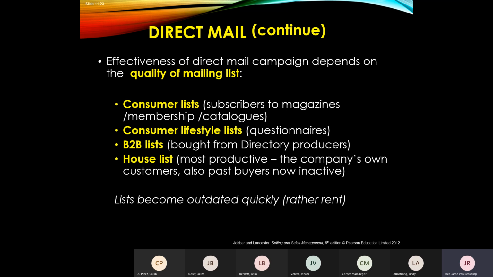Like it says here right at the bottom, because these mailing lists so quickly get outdated that very often people just pay a fee to a company that supplies them with updated lists regularly, because they are in business to collect information and sell that information. Again, something that is now prohibited by the POPI Act.